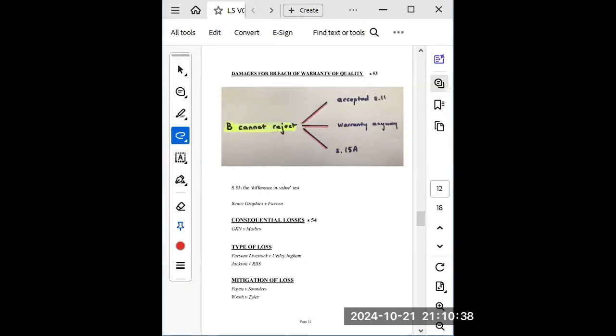Now, the difference in value rule, again, it's only a prima facie rule, and it doesn't take much to displace it. One of the leading cases is Bence Graphics against Fasson. The seller produced vinyl film, which the buyer used to make labels to stick on bulk containers.